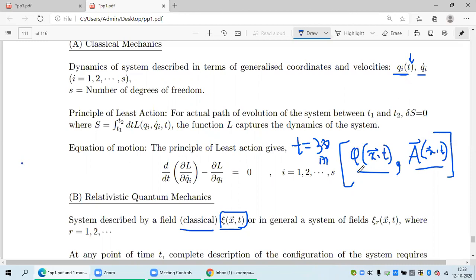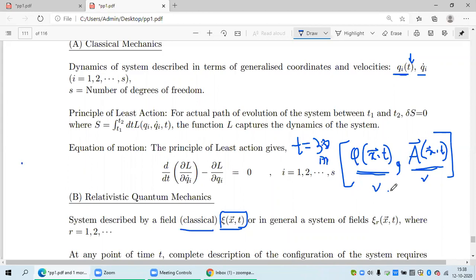But now, both these fields are functions of time. That means if you want to know the field configuration, you have to know the numerical value of phi and A at every point in space.